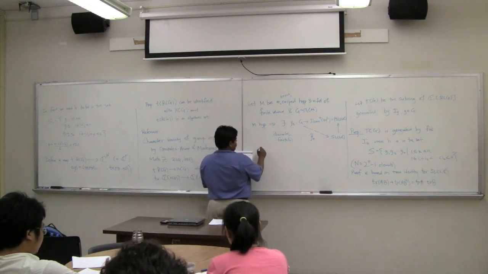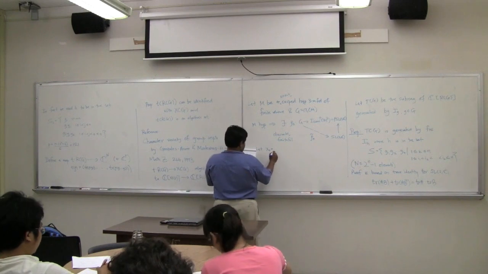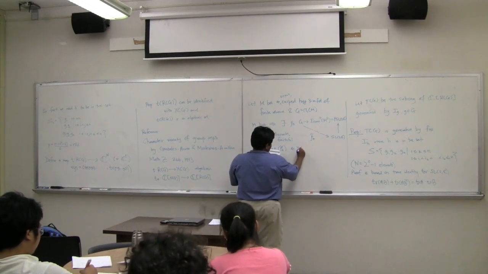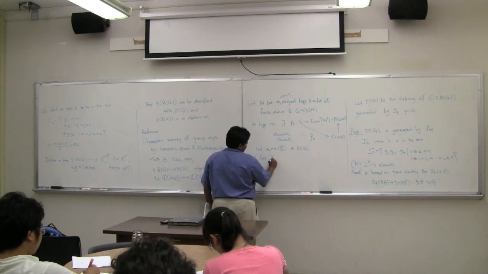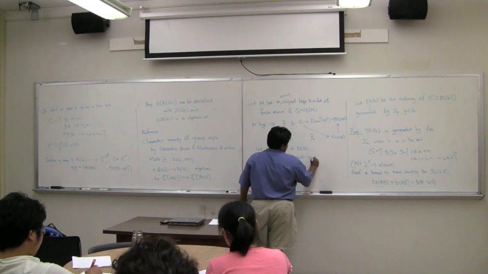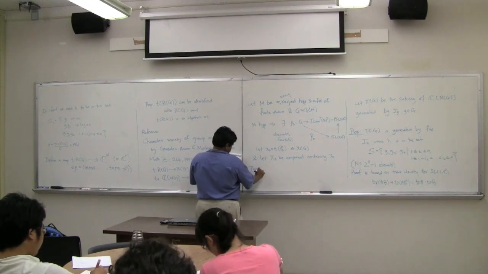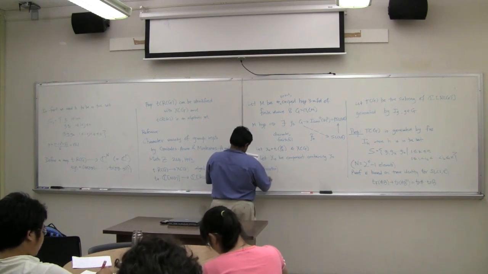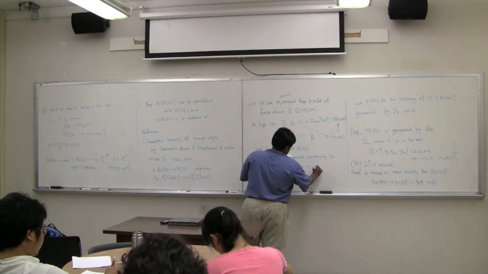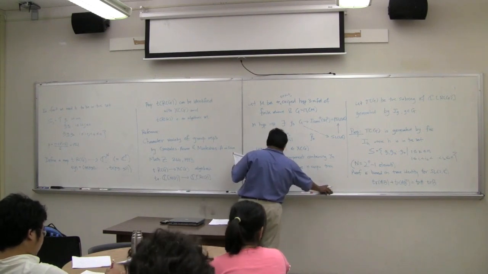So pick one such lift to SL2C and let chi naught be its image in the character variety, and let X naught be the component containing it. Then a theorem of Thurston says that if M has n cusps, then X naught has dimension n.